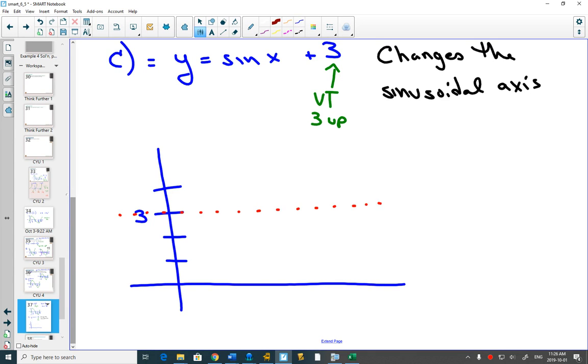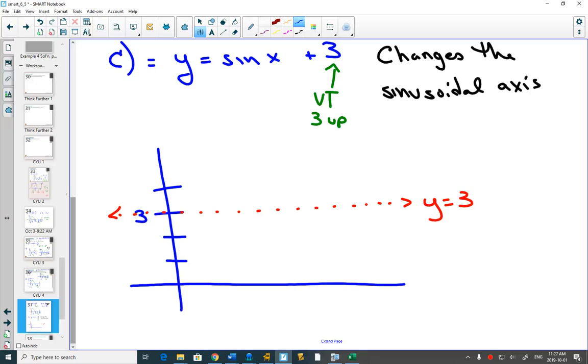When we go to graph this, notice on all of our graphs up till now, we haven't labeled our sinusoidal axis because it was right on our x-axis. The x-axis kind of was already drawn for us, so it's kind of redundant to draw a dotted line on top of it because you could see it was the center. But when it gets moved up 3, you're going to take out your red pen, draw a dotted line, label y equals 3 as your sinusoidal axis.